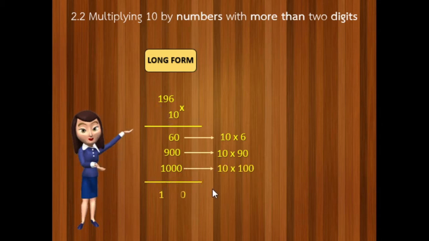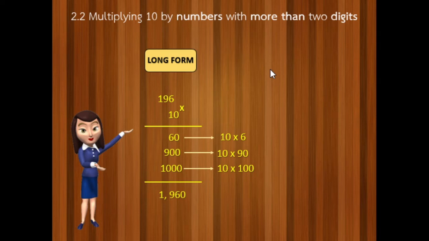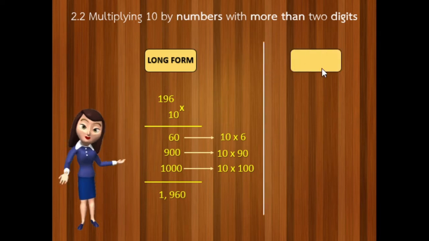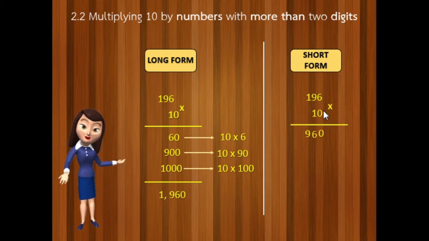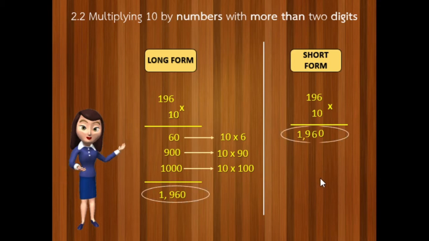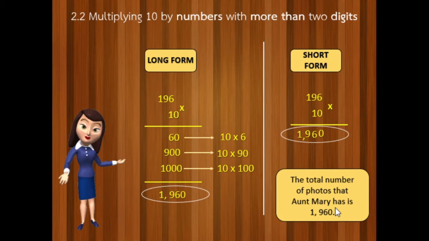Add them together, we still get 1,960. This is the long form. And if we do the short form, again, we still get the same answer. They are still the same. Therefore, there are 1,960 photographs in all.